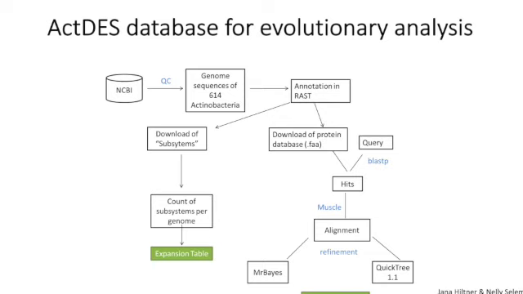But the database as a whole is much more useful to the wider community, so you can download the protein database and then you can search this custom database yourself. You can also search for nucleotides, and you can create your hits and then build an alignment, and then you can either use something like QuickTree to build your tree, or you can do Bayesian analysis.